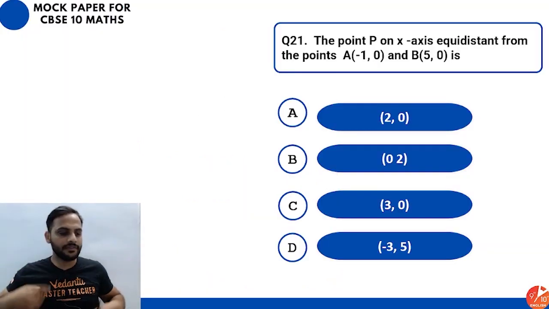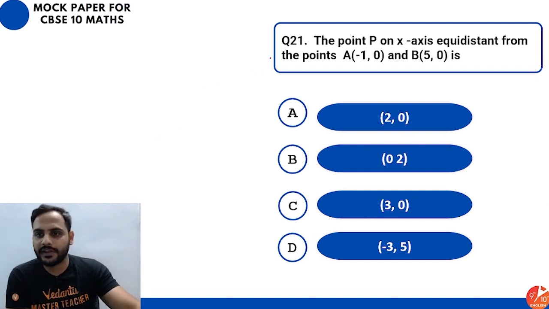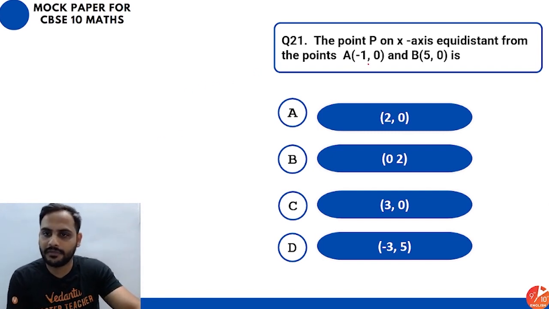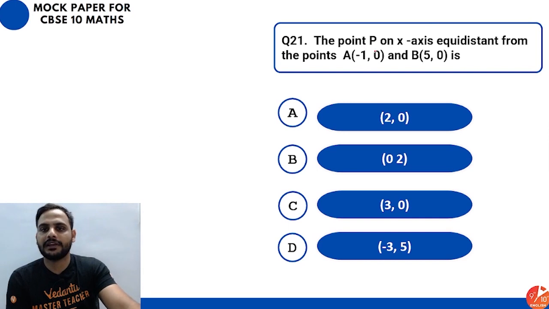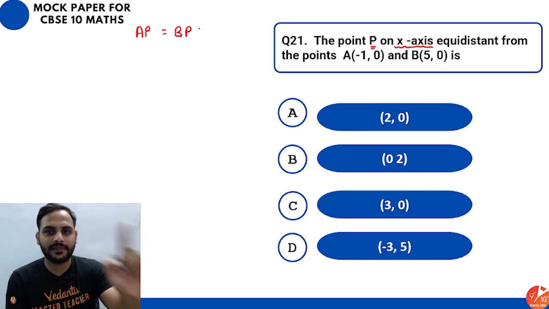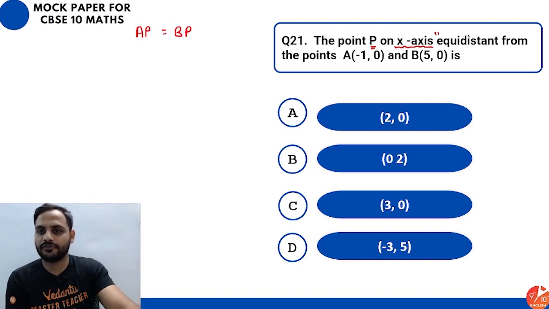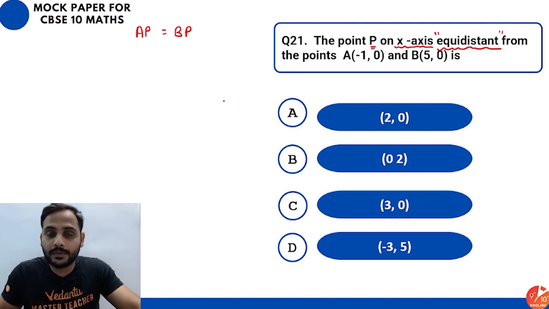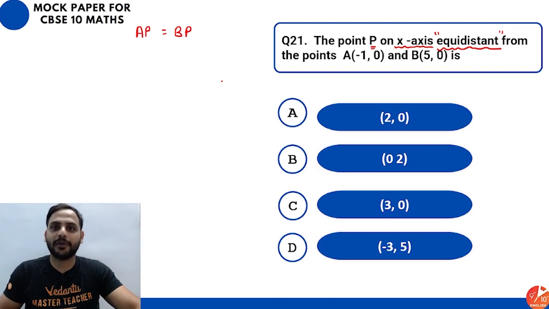The question here: the point P on the x-axis which is equidistant from A as well as B. Now guys, since P is on the x-axis, we can say AP is equal to BP. Focus on the word equidistant. Whenever you get the word equidistant, it does not mean midpoint.